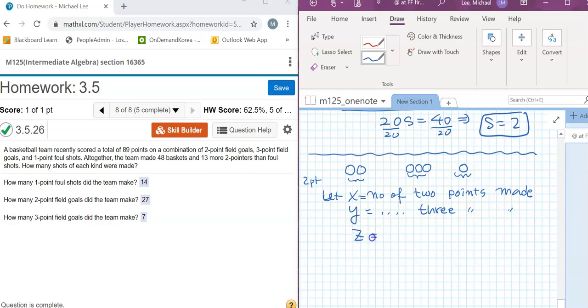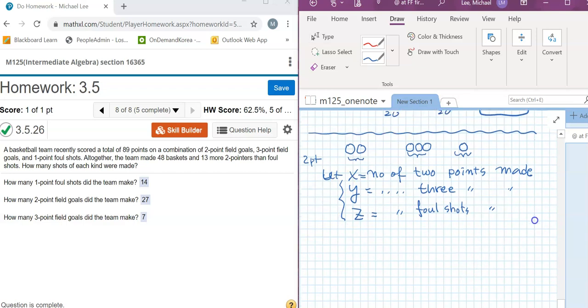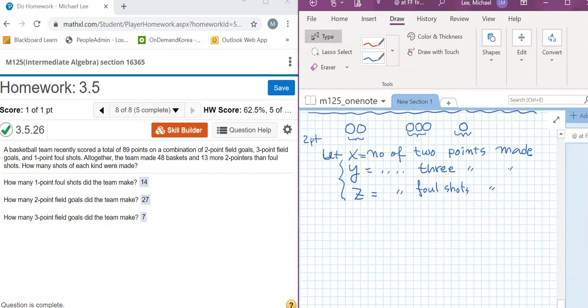And Z is the number of foul shots made. Now let's write the equation. Altogether it is 89 points. Each 2-point, each 3-point, and each 1-point shot altogether came out to 89.